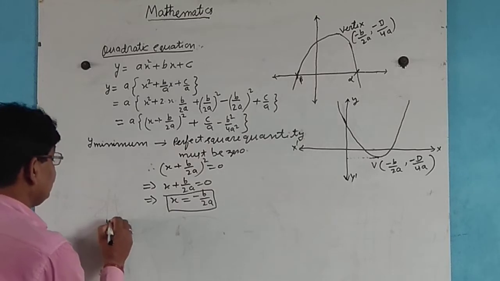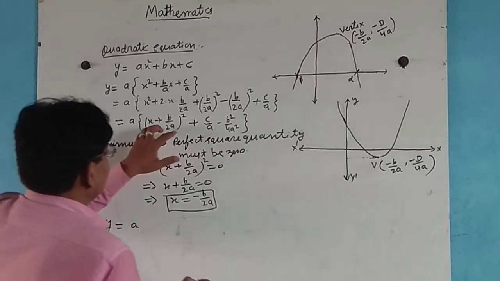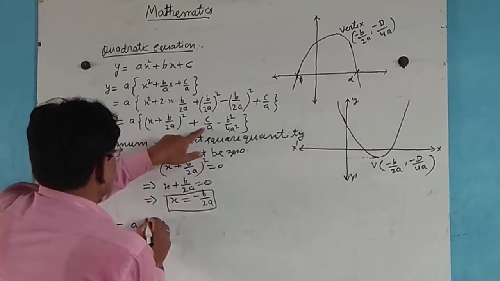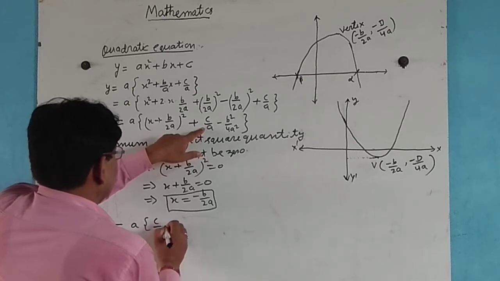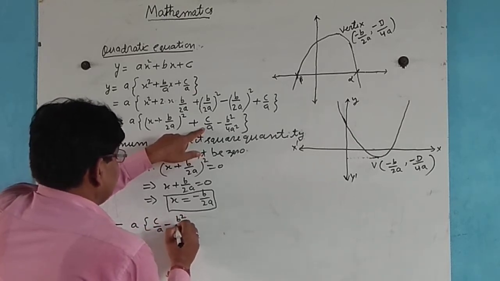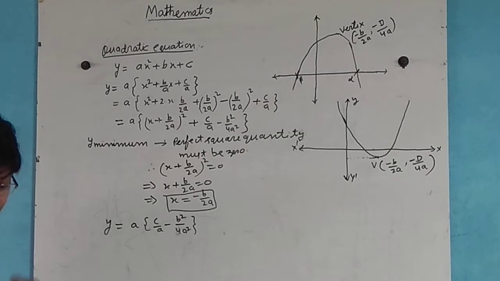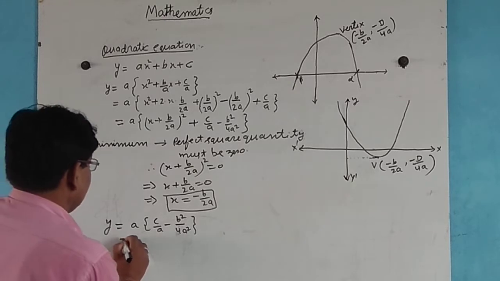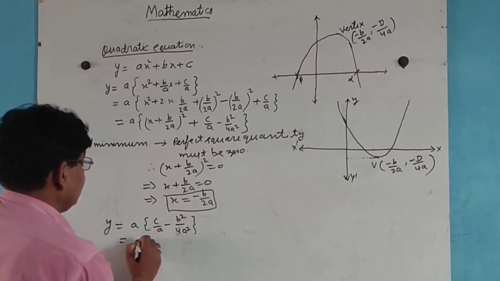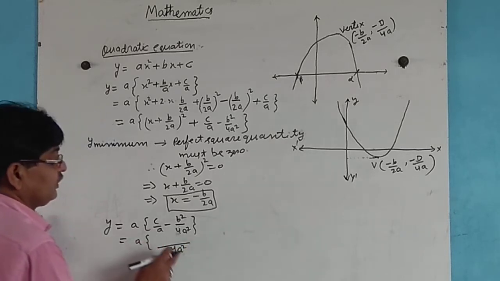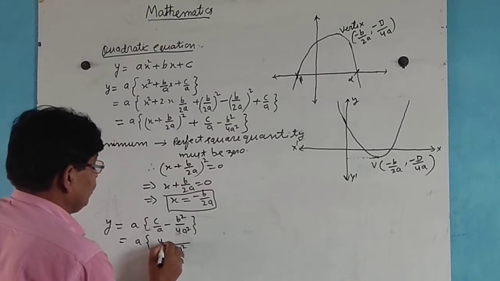Now y equal to a times, this becomes 0, so that in the bracket c by a minus b square divided by 4a square. Taking the LCM 4a square, we get 4ac minus b square.